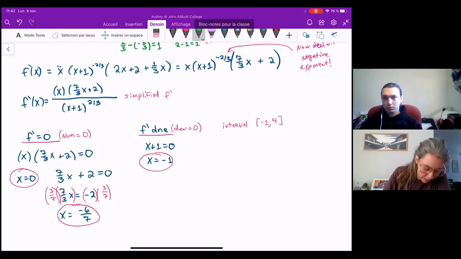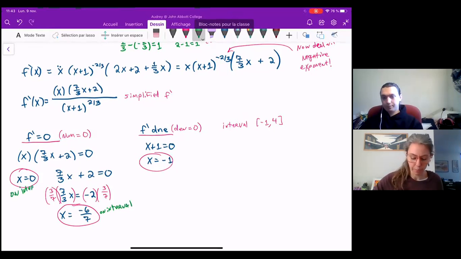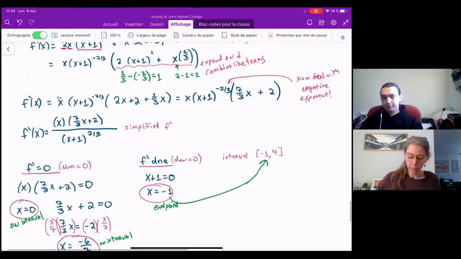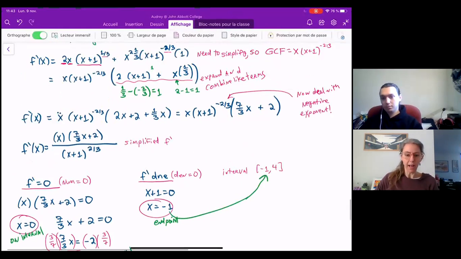This is on the interval. And this is an endpoint, which means I'm gonna have to plug it in anyway. So we are thinking about that -1. So this now brings me to my step 2, which is to evaluate f at the critical values.